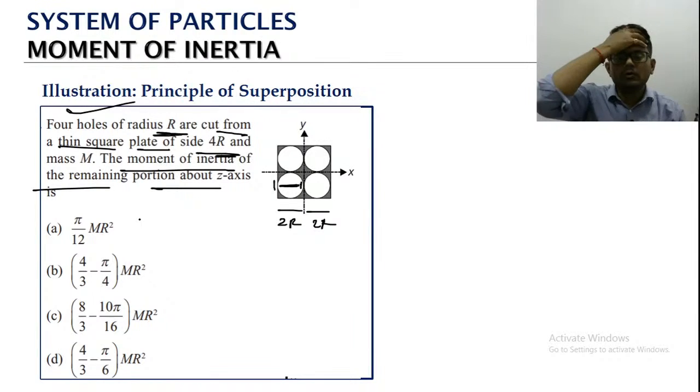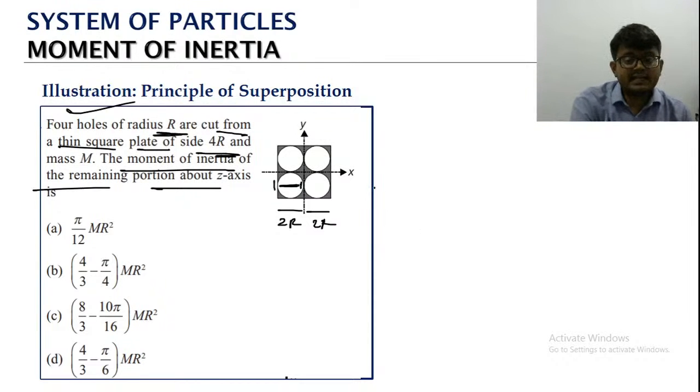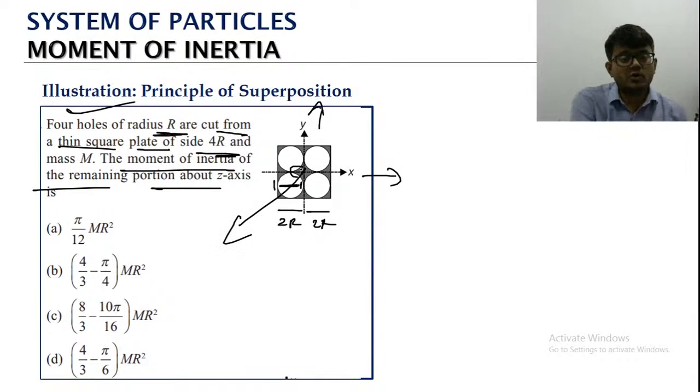See how we will be able to do it. Z-axis means what? X and Y are in the plane, right? Z means perpendicular to the plane. So 4 holes of radius r are cut from a thin square plate of side 4r and mass m. First of all, they are cut, so some mass will be removed, right?